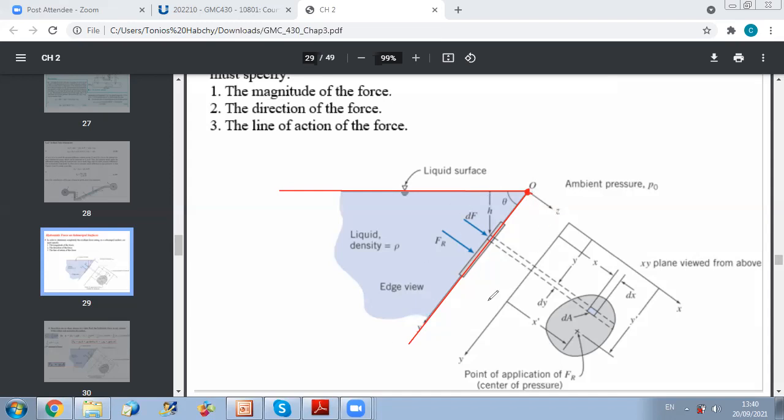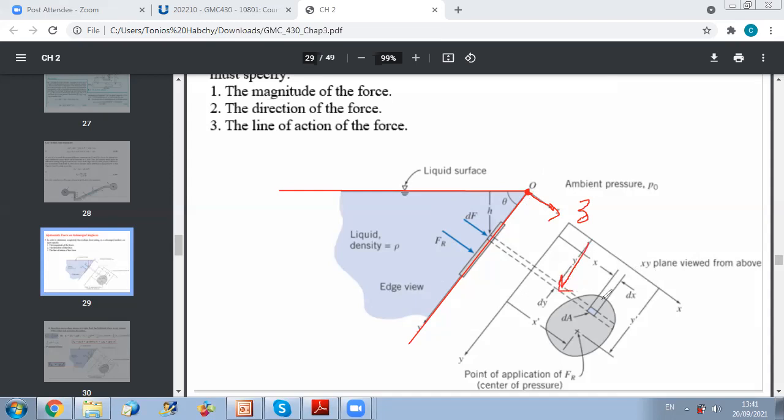Then I can define the following frame. I will take Z perpendicular to the surface. The Y axis will be along the inclination, and the X axis along the surface plane.